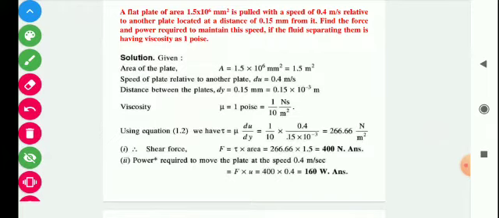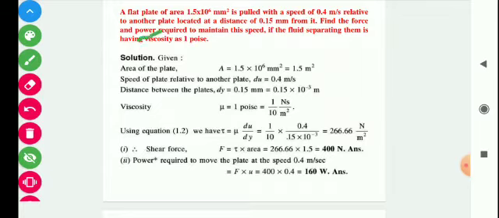Now second problem. A flat plate of area 1.5 into 10 to the power 6 mm square is pulled with a speed of 0.4 meter per second relative to another plate located at a distance of 0.15 mm from it. Find the force and power required to maintain the speed if the fluid separating them has a viscosity of 1 poise.